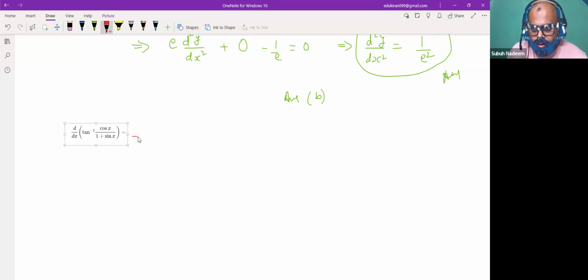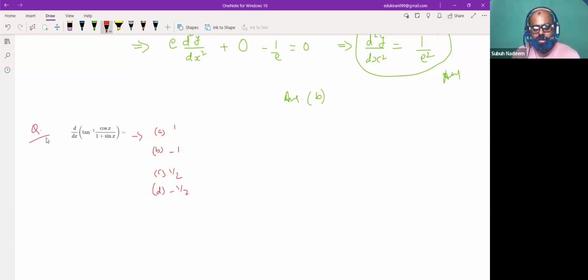Options I'm giving you. Options are 1, minus 1, half, minus half. So little bit of inverse trigonometry is also here. And differentiation is of course there.